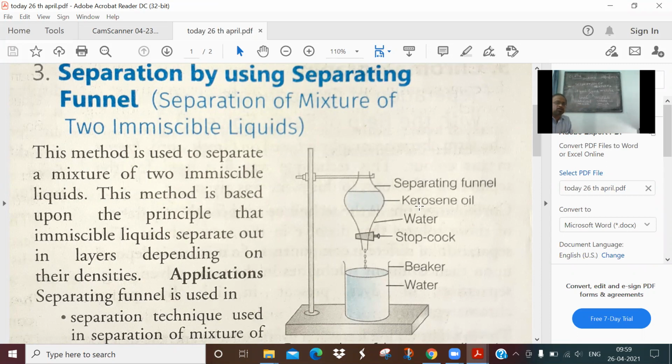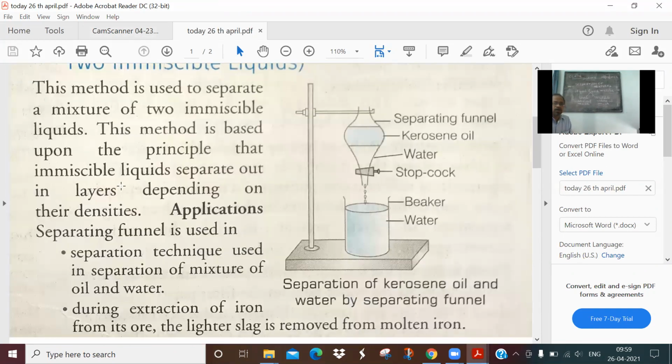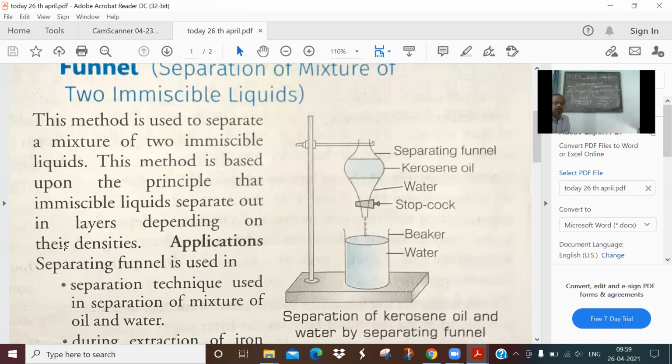So have a look at this diagram. First, see this device, called a separating funnel. It has a narrow mouth at the bottom and at the top also, the shape of the vessel is like this, and it has a stopcock. Look at this diagram.